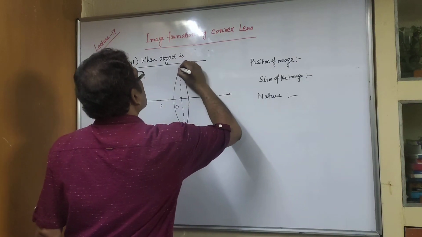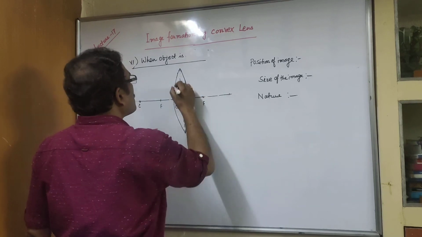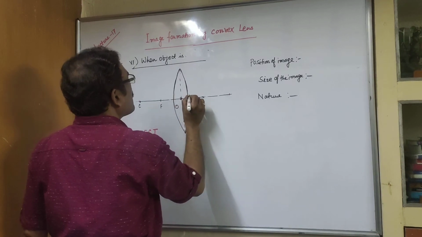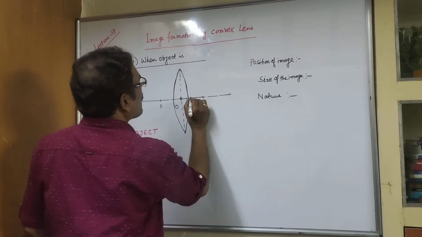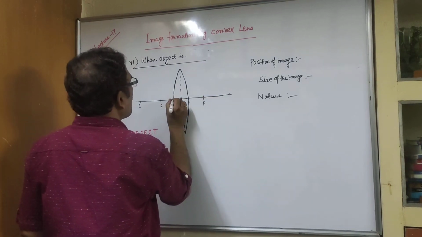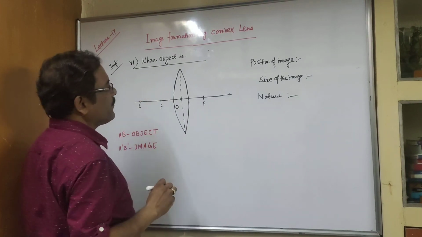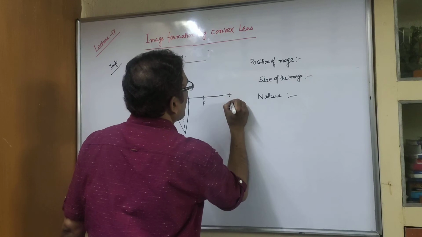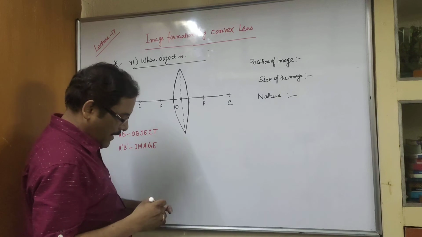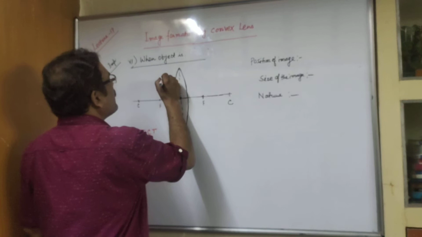So first draw a convex lens. Like this, mark the points C and F on either side of the optical center of the spherical lens. Now this time you have to place the object between the optical center and the principal focus.